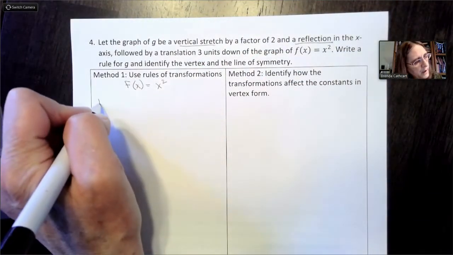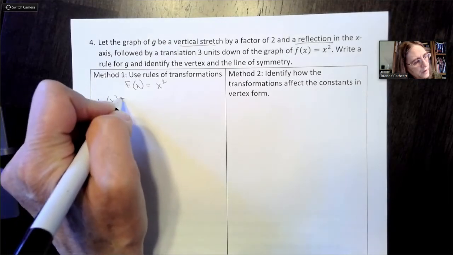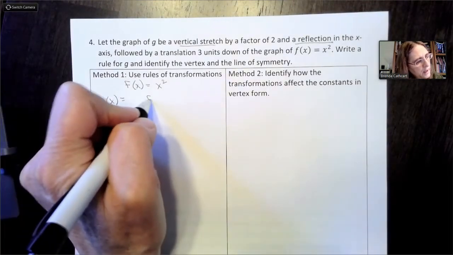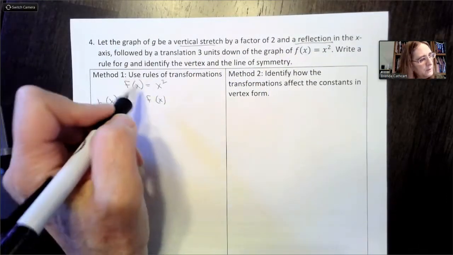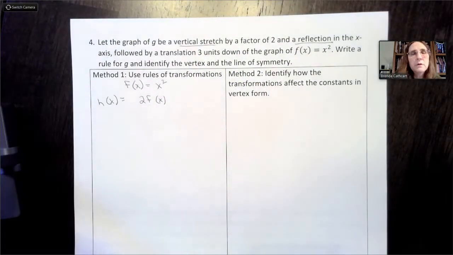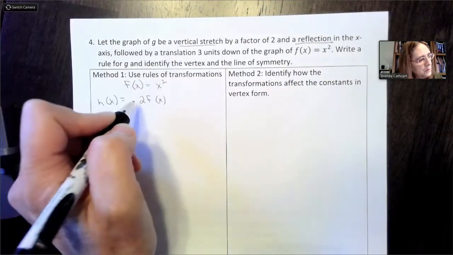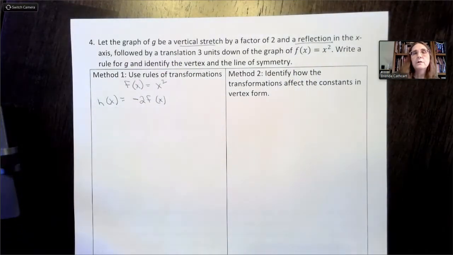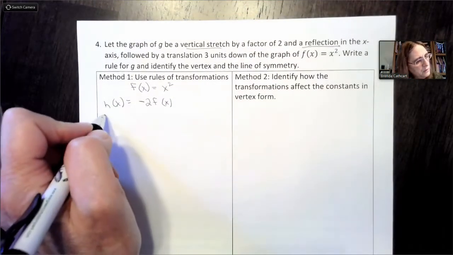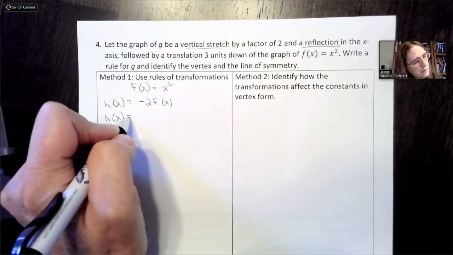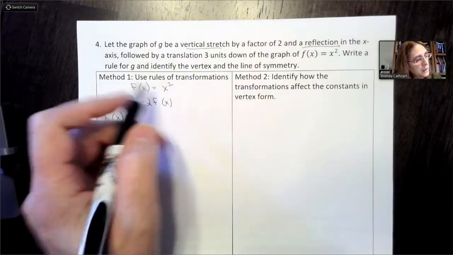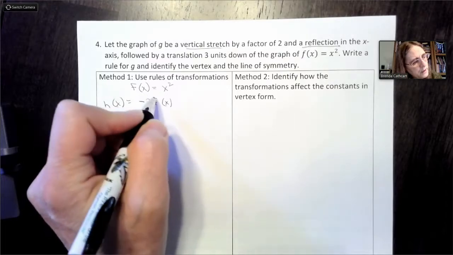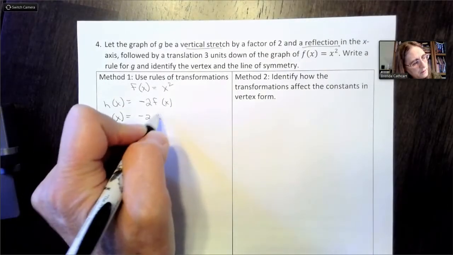So we're going to call that our function h of x is going to take f of x. The stretch is going to take f of x multiplied by 2, and the reflection is going to make that negative. So we can do that in one step here. So our new function, which is our transitional step, is -2 times f of x, or -2 times x squared.